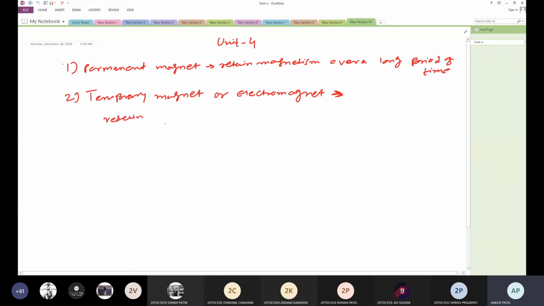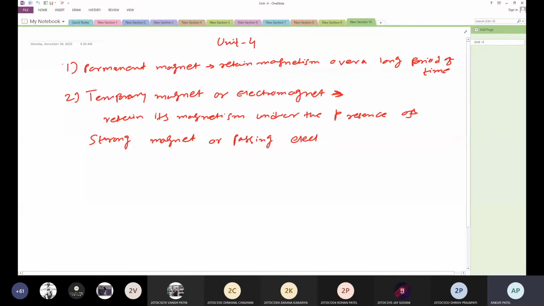It retains its magnetism in the presence of a strong magnet, or when electric current passes around a magnetic field.